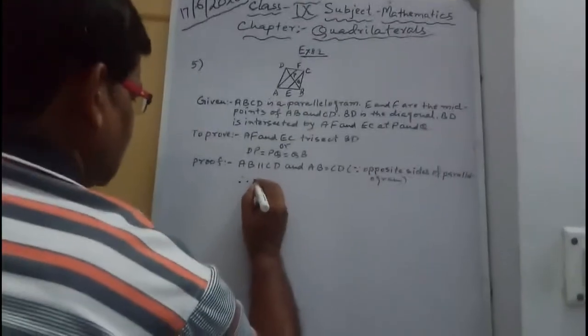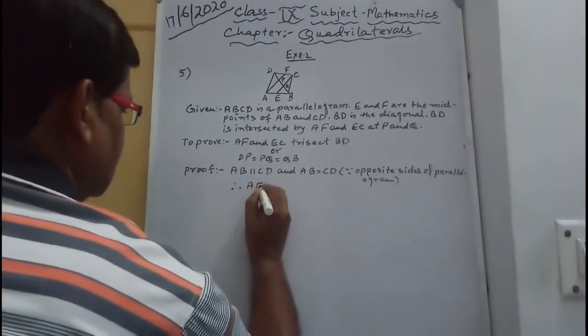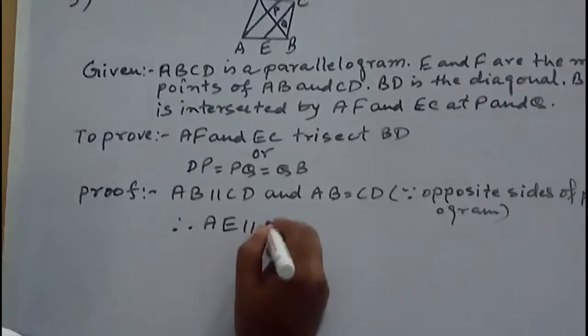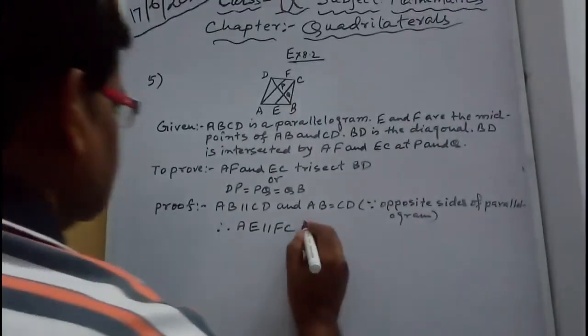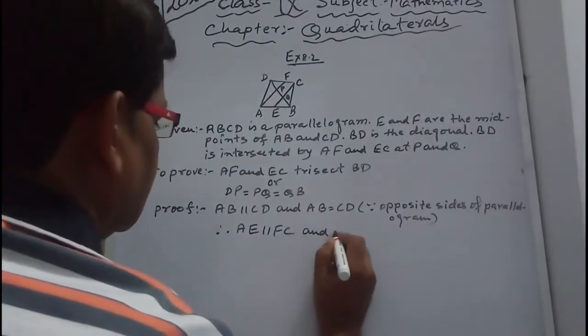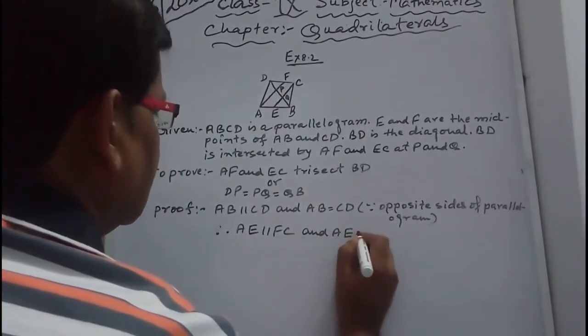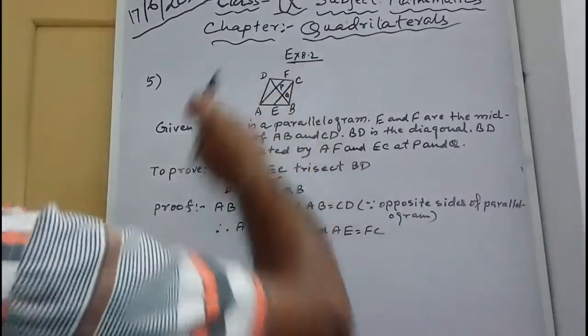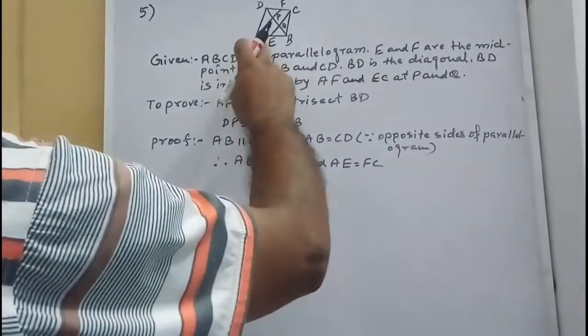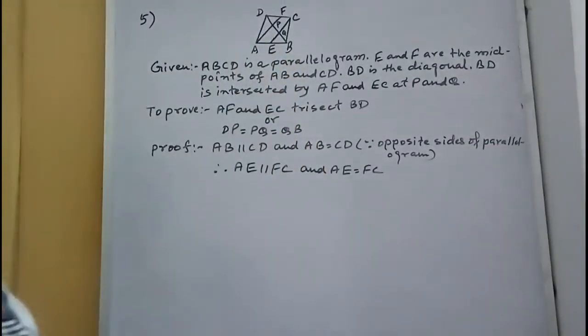Therefore AE is parallel to FC and AE is equal to FC. AB is parallel to CD and AE is part of AB.